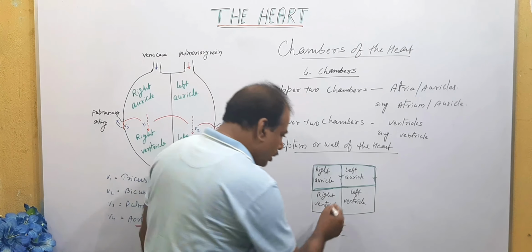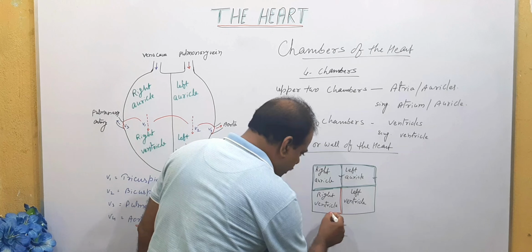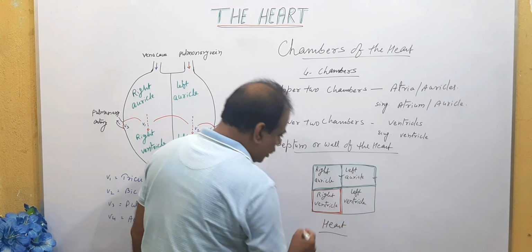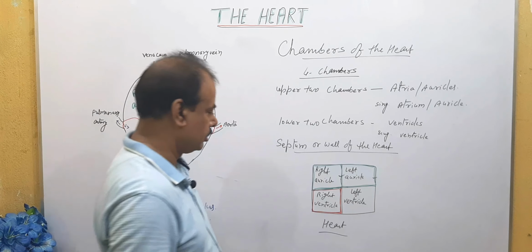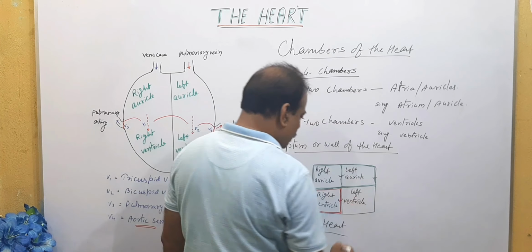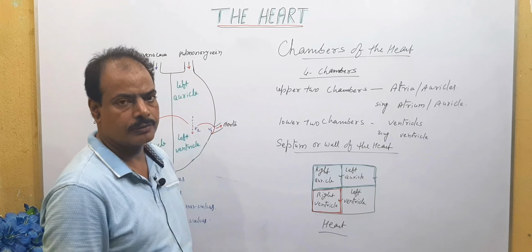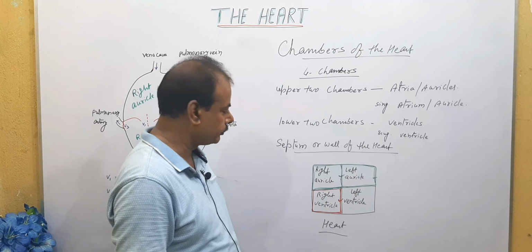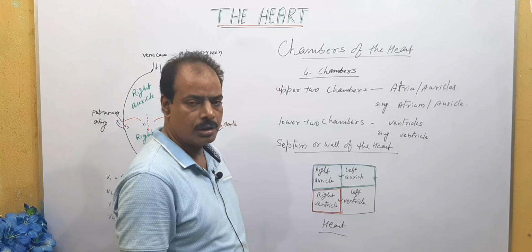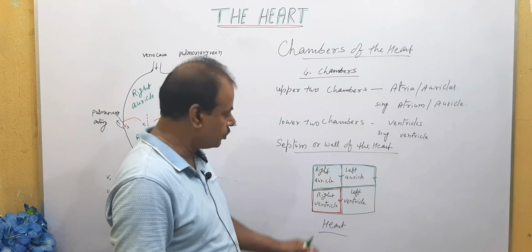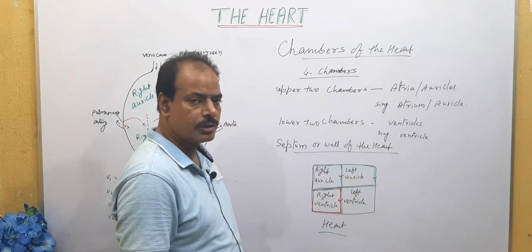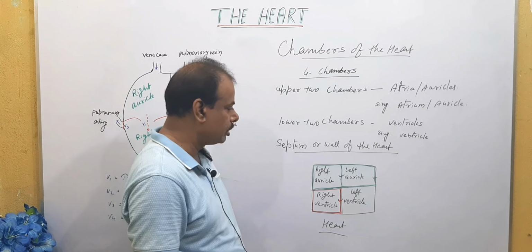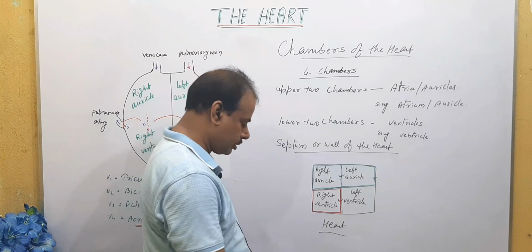Whereas the right ventricle, the wall of the right ventricle is thicker than the auricle because it pumps blood to the lungs for oxygenation. So it needs powerful contraction. That's why the wall is thick in the right ventricle.